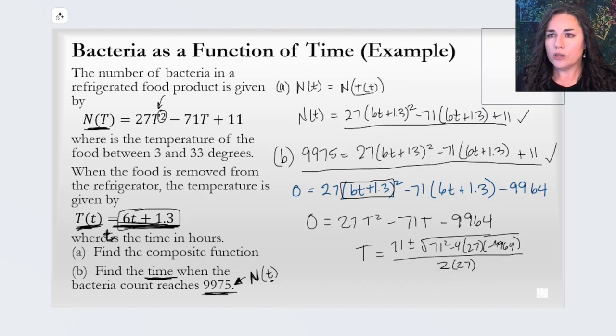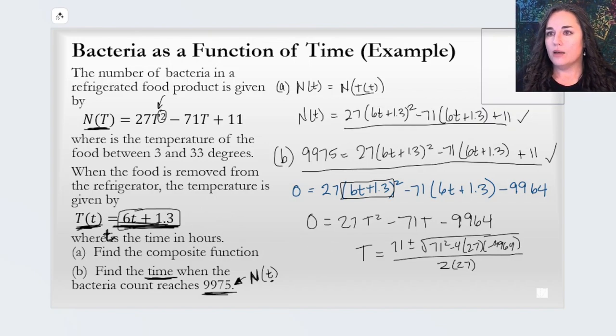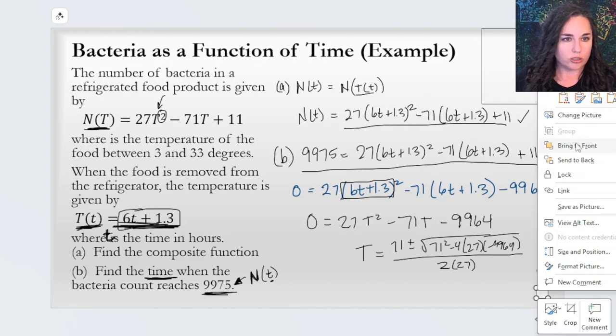Only one of them is real. That's how I would solve it. Once I get t, t is still equal to that, so I would take those two values, set it equal to that, and solve for little t time.